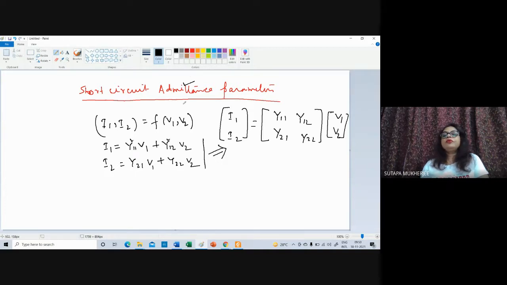So if you short V2, then what parameters will you get? Supriya, what parameters will you get? If you short V1, then what parameters will you get?